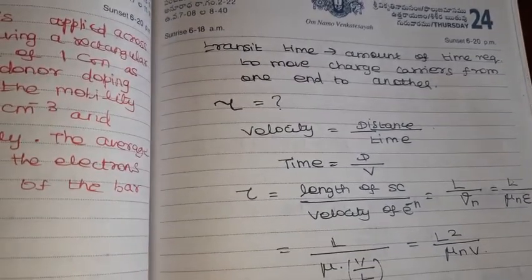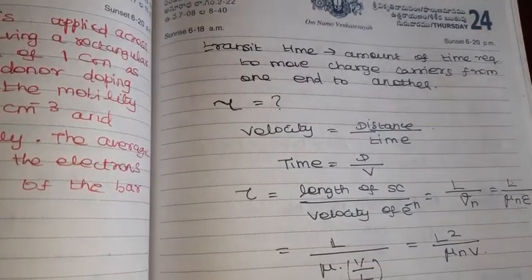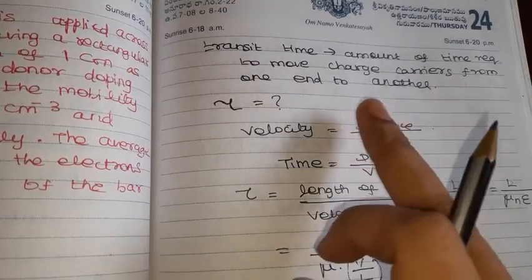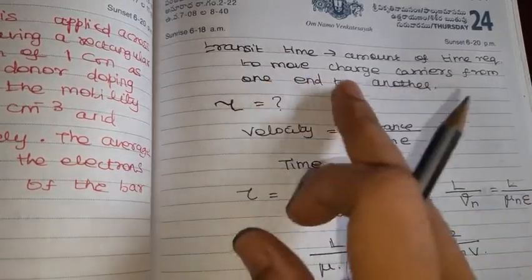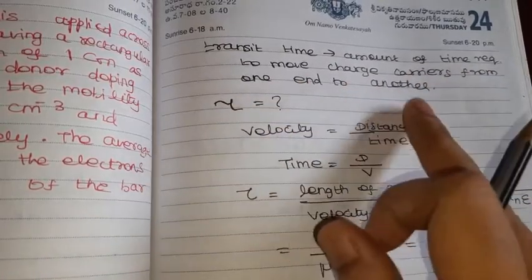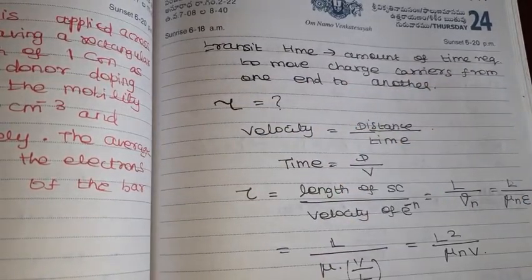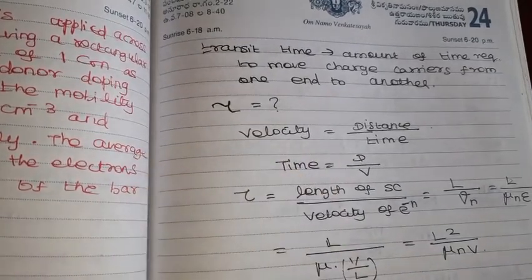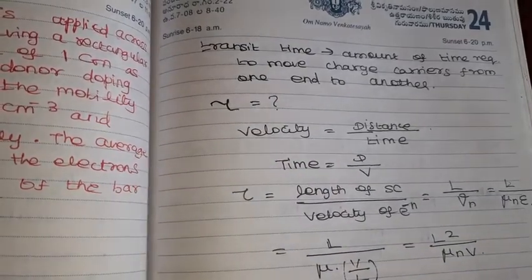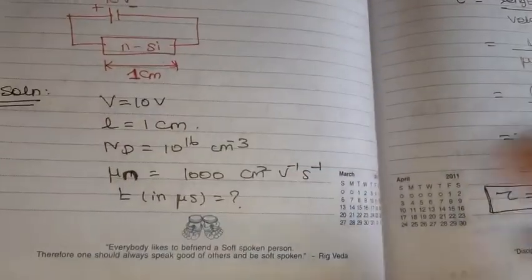What is actually the transit time? The amount of time required to move charge carriers from one end to the other is known as transit time. So we need to find the time tau, the transit time.